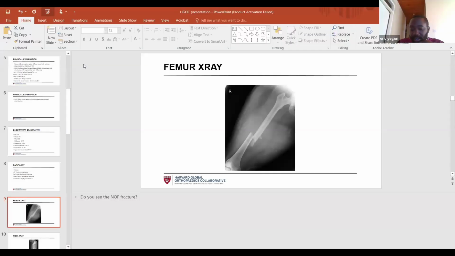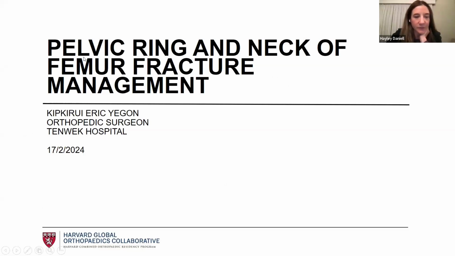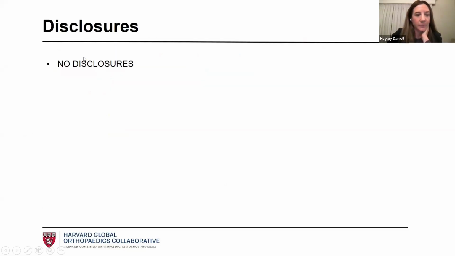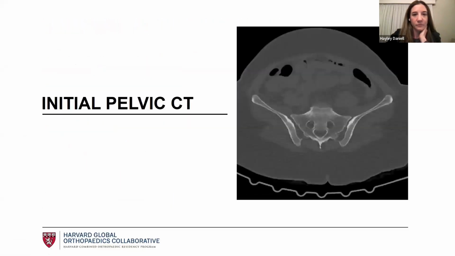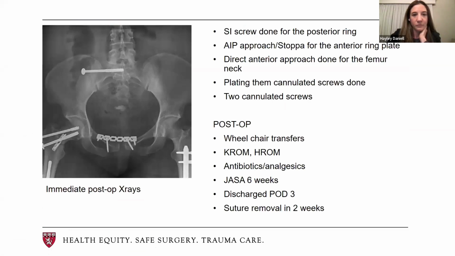Why don't we go to the one with your fixation, probably the first post-op. That one. So there is the oblique and the inlet and outlet. This is good because we can see the text for the discussion too. It looks like Dr. Rodriguez has already raised his hand, so we can jump right into discussion with him. As other questions come up, feel free to use the raise hand function, and we'll get the discussion going.